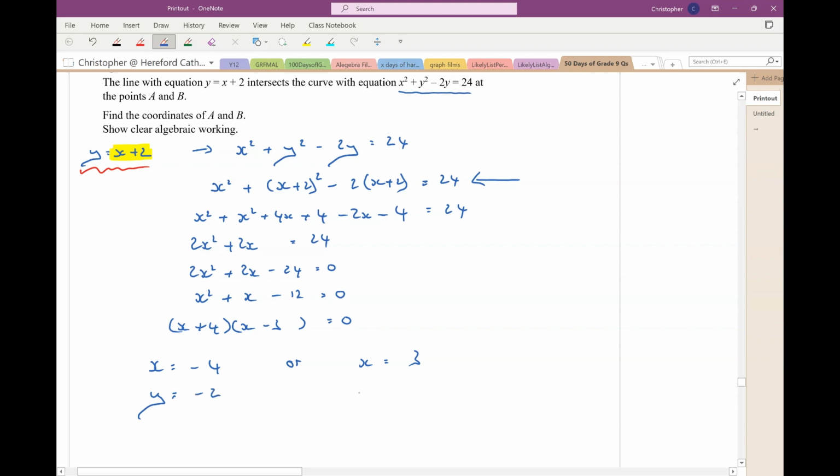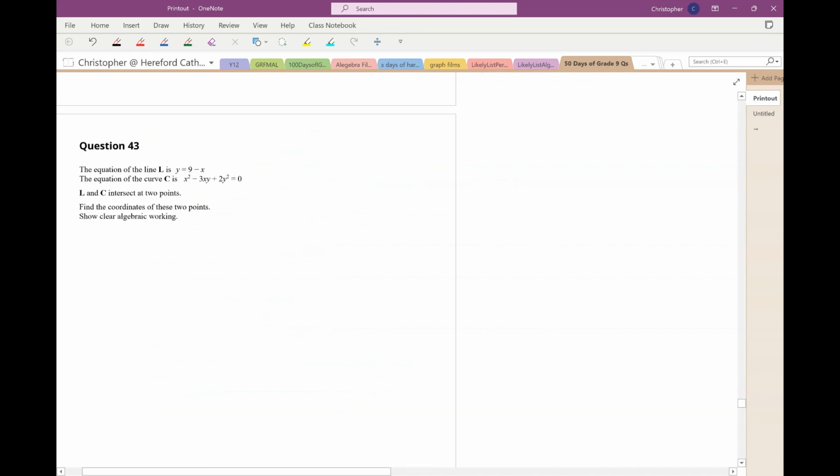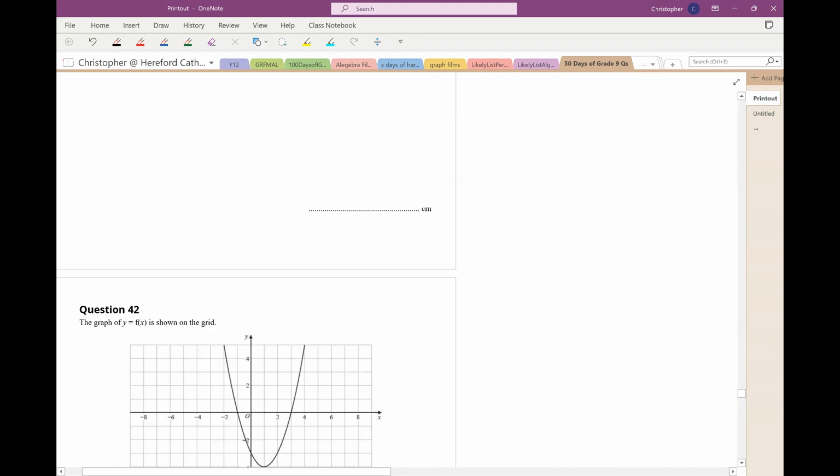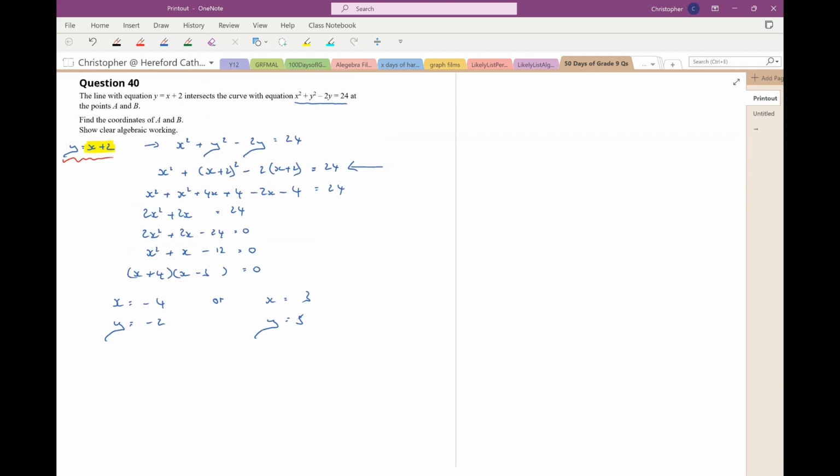And if x is 3, then y is 3 plus 2, which is 5. So my points of intersection are minus 4, minus 2 and 3, 5. And that's question 40 done.